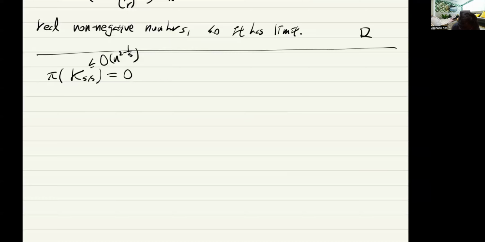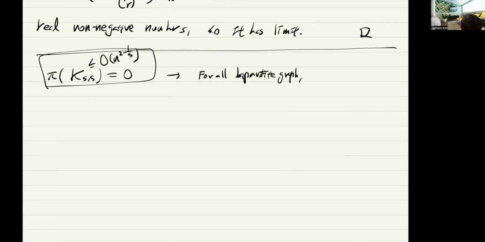Okay, maybe before discussing that, this implies that for all bipartite graphs, the Turán density is 0, because any bipartite graph is a subgraph of a certain complete bipartite graph. So we know this.